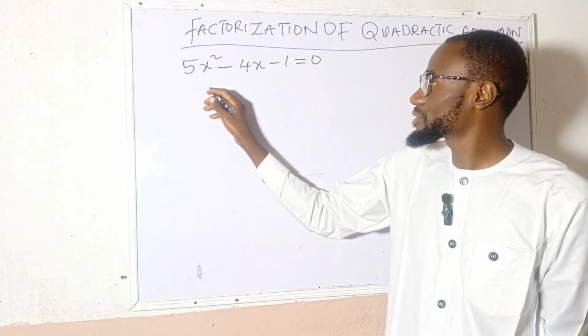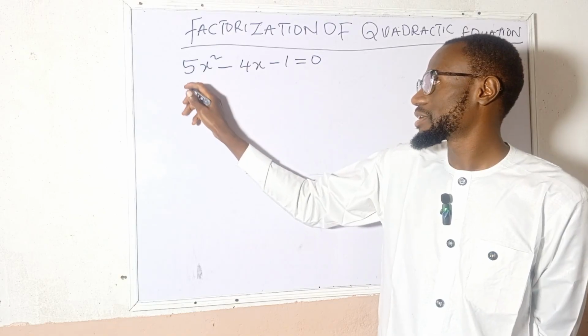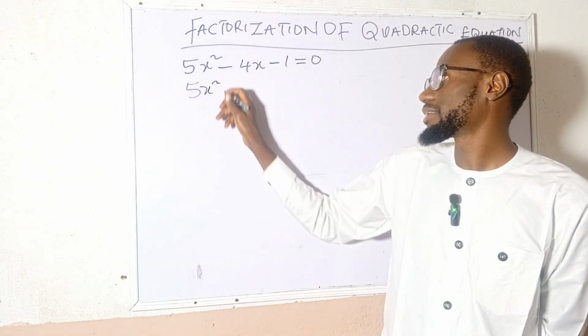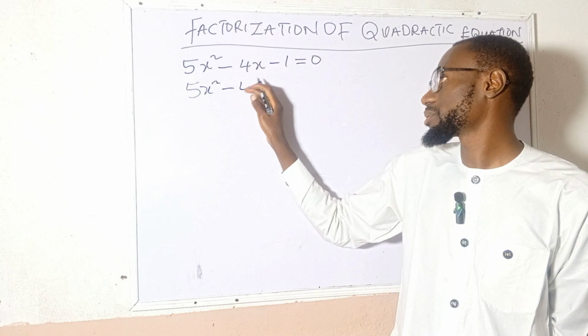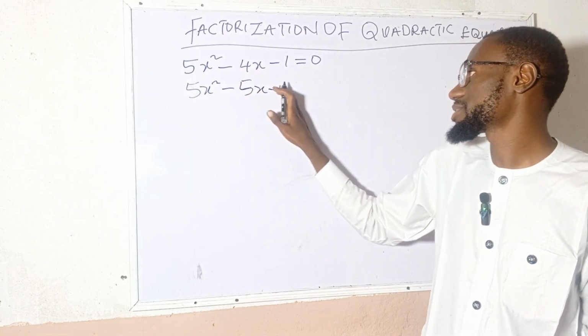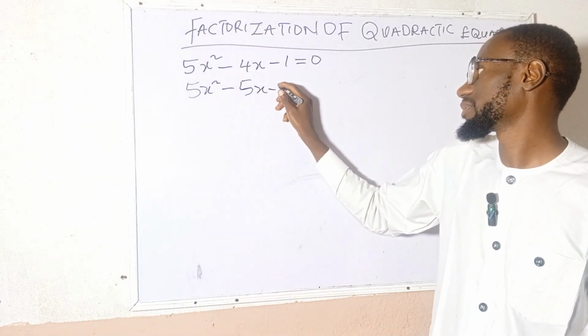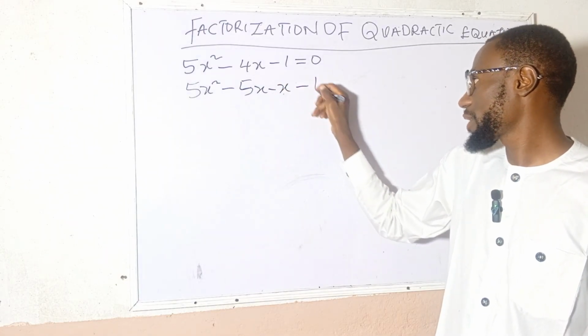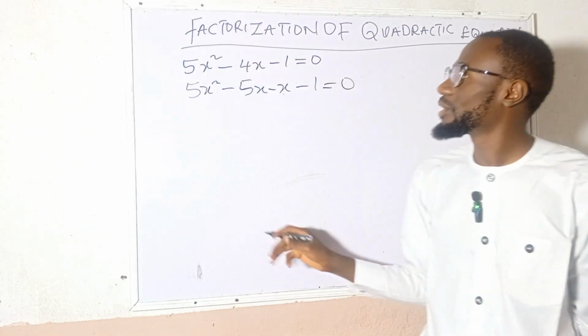And the equation we have is 5x squared minus 5x minus x minus 1 is equal to 0.